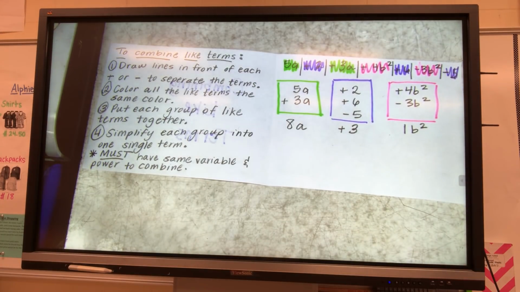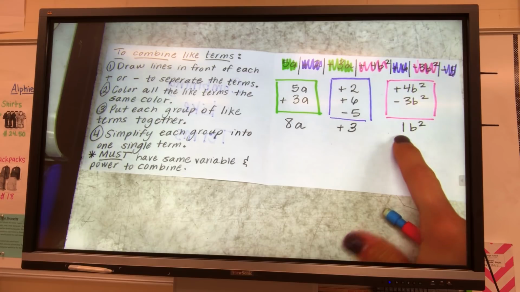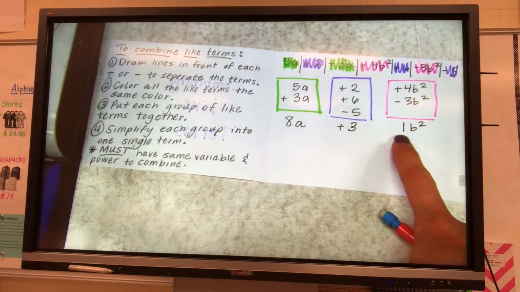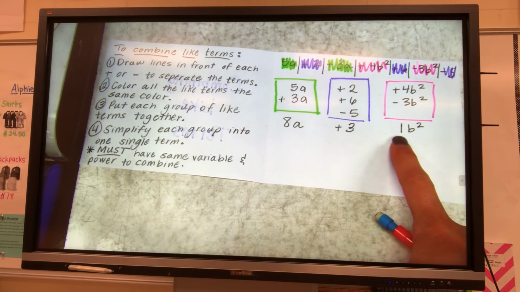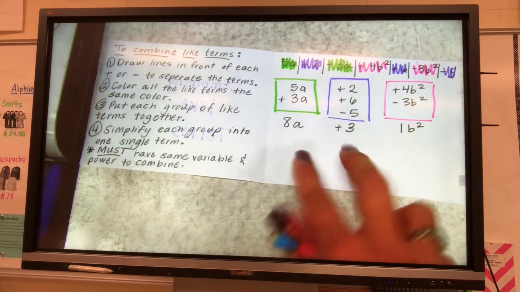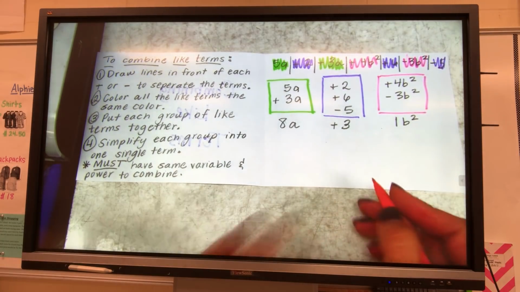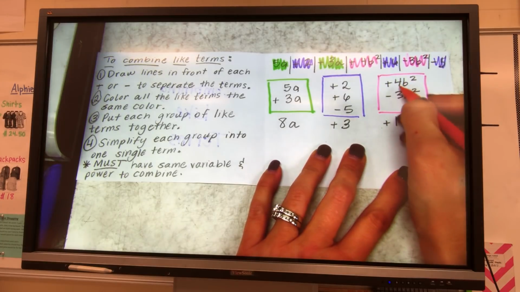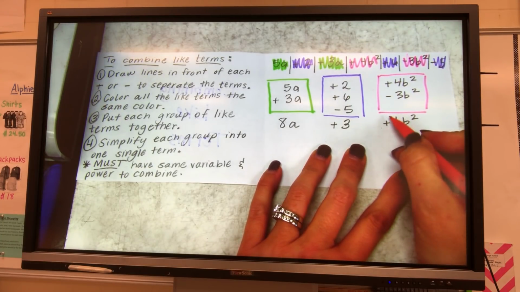Now, I will tell you, in front of every variable, there is an imaginary 1, which is right here. So if you just saw the letter n, there's actually an imaginary 1 in front of it. You just don't see it. So we can say that this is a positive, because again, 4 minus 3 was 1, which is a positive.